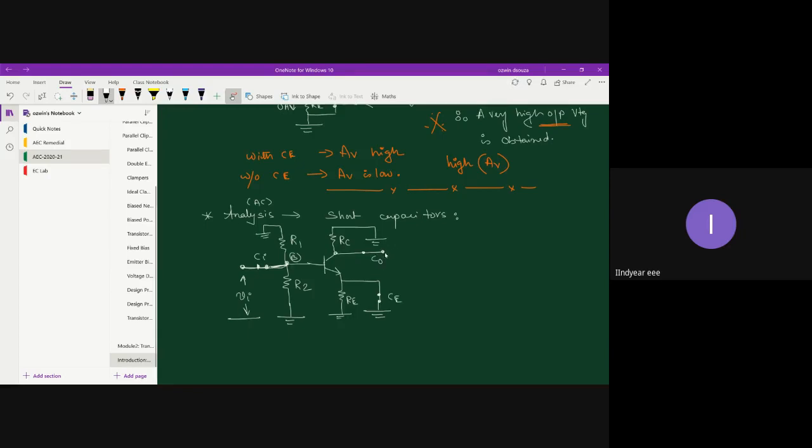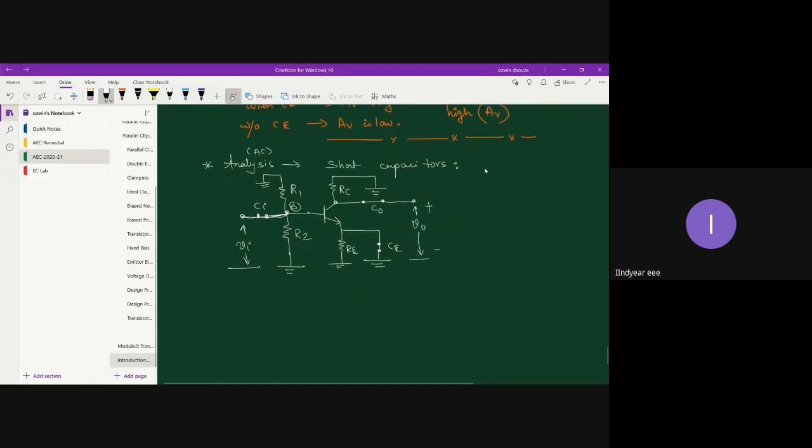We are going to replace it with a short circuit equivalent. This is where you are going to measure your output. So this is your equivalent circuit for AC analysis. What we have done is isolate the DC conditions for AC analysis.